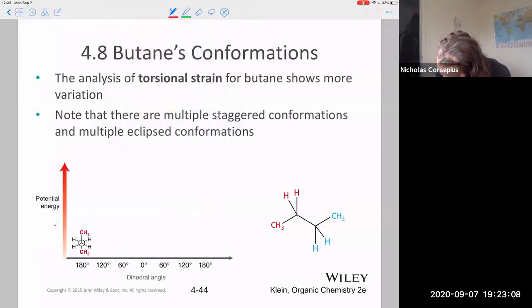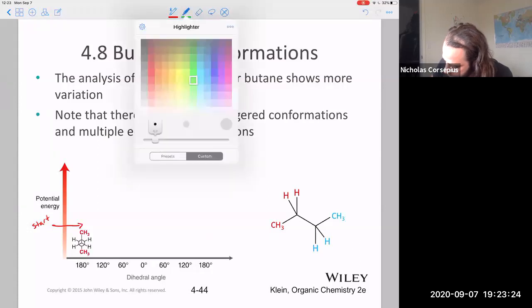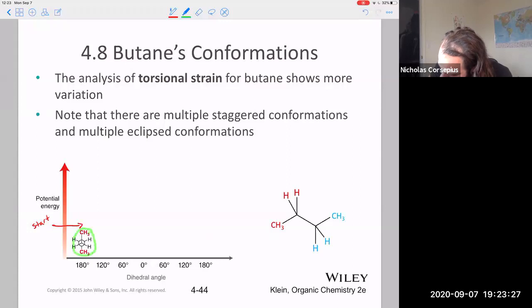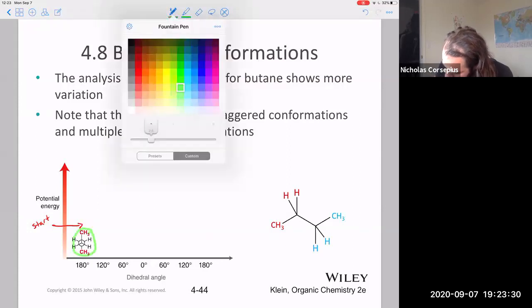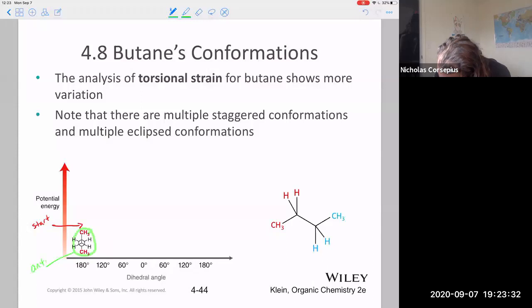So again, this is the anti-conformation. Okay, and then just like before, I'm going to start to rotate this molecule by rotating that front carbon, bringing that methyl group down.